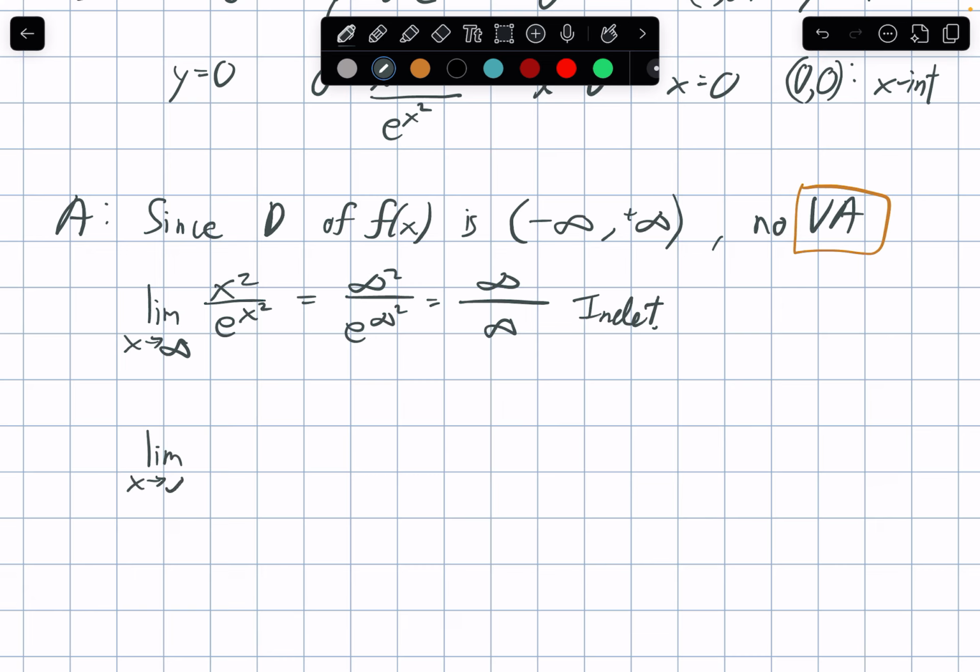So we can find the limit. 2x over... how do we derive this? d over dx of e raised to x, e raised to x du over dx. What if it is e to the x squared?